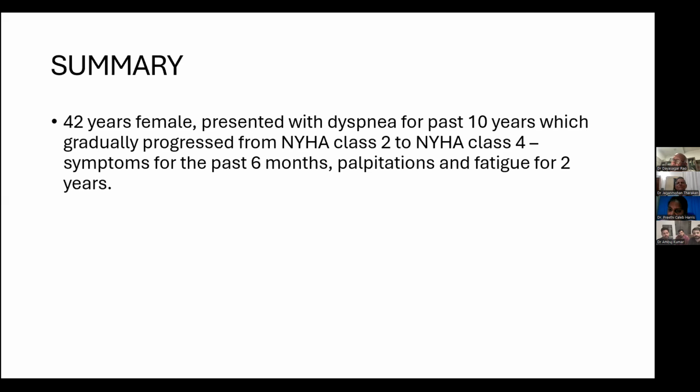She has gone through 4 pregnancies, so it's unlikely that she had any serious problem during those pregnancies. If at all she has, she must have had some sort of regurgitant lesion, which is well tolerated during pregnancy because of marked decrease in the systemic vascular resistance.